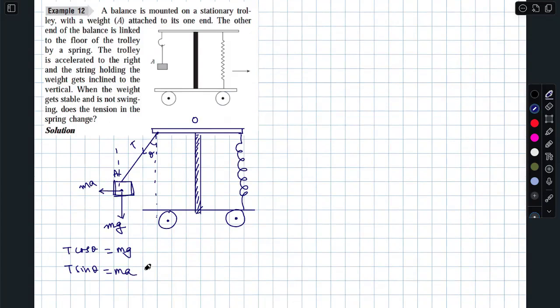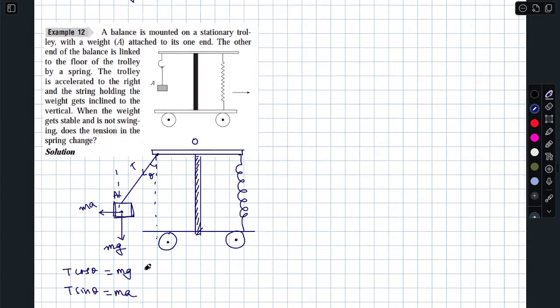Free body diagram of the block. Previously it is mg that is balancing the spring. At the initial stage, mg into L/2 is spring force into L/2. Cancel. So Fs is equal to mg.